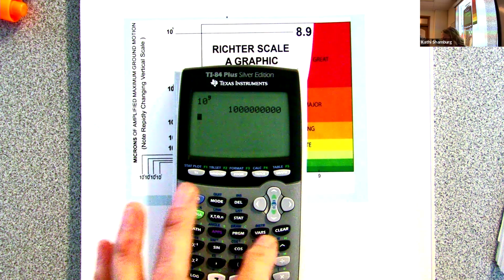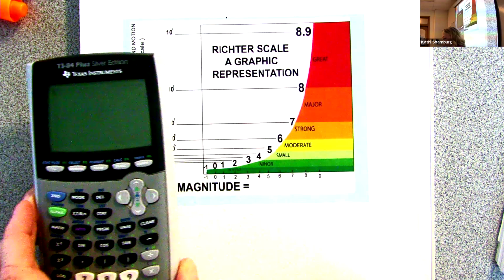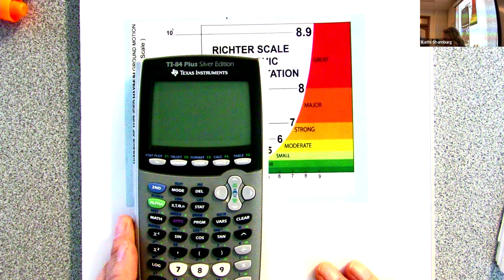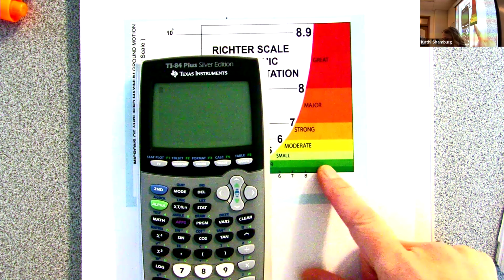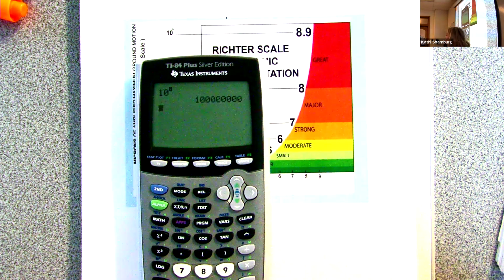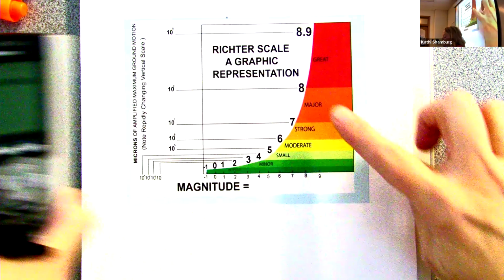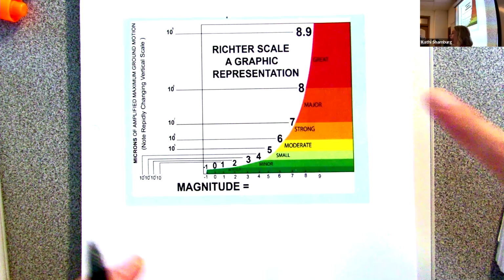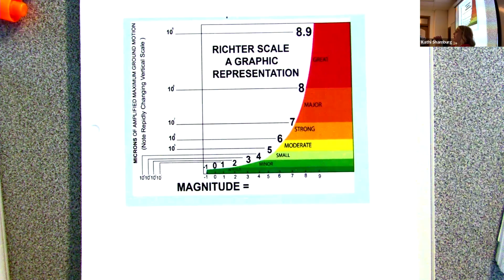So if I was comparing it to one that measured 8 on the Richter scale, that is still huge, but it's not just a difference of 1, right? That is 10 times stronger. So for every unit on the Richter scale, it is going up in strength by 10.